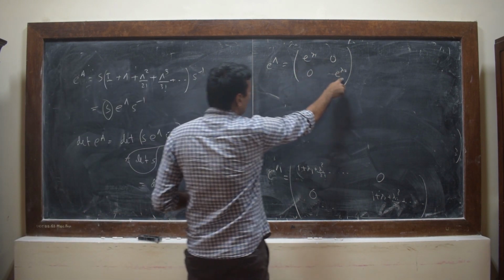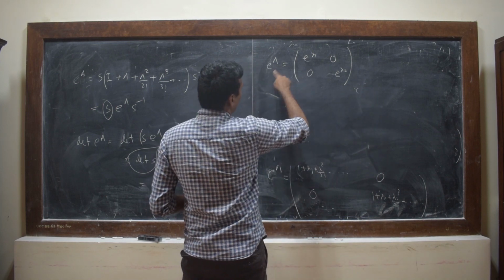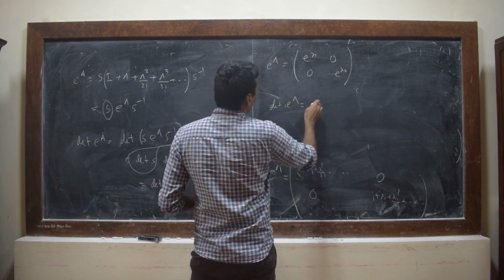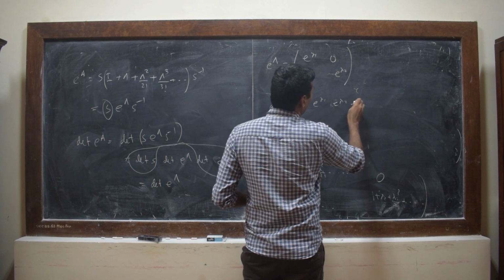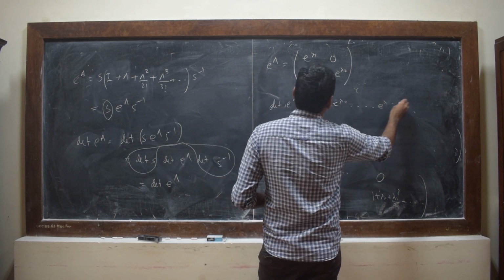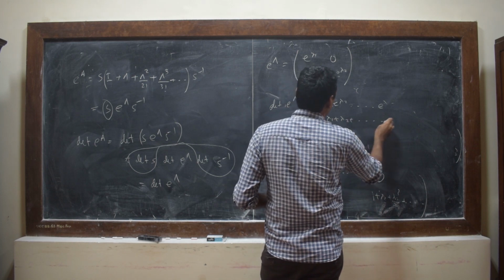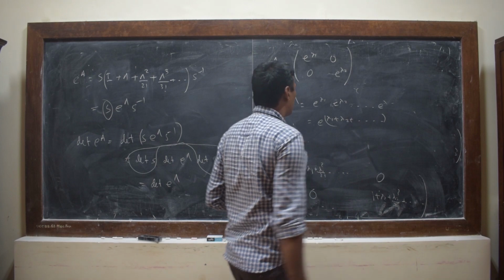You already know that e raised to lambda is e raised to lambda 1, e raised to lambda 2, e raised to lambda 3, etc. So the determinant of e raised to lambda will be e raised to lambda 1 into e raised to lambda 2 into e raised to lambda 3, etc. So it will be e raised to lambda 1 plus lambda 2 plus etc. The sum of the eigenvalues is equal to the trace of the matrix.